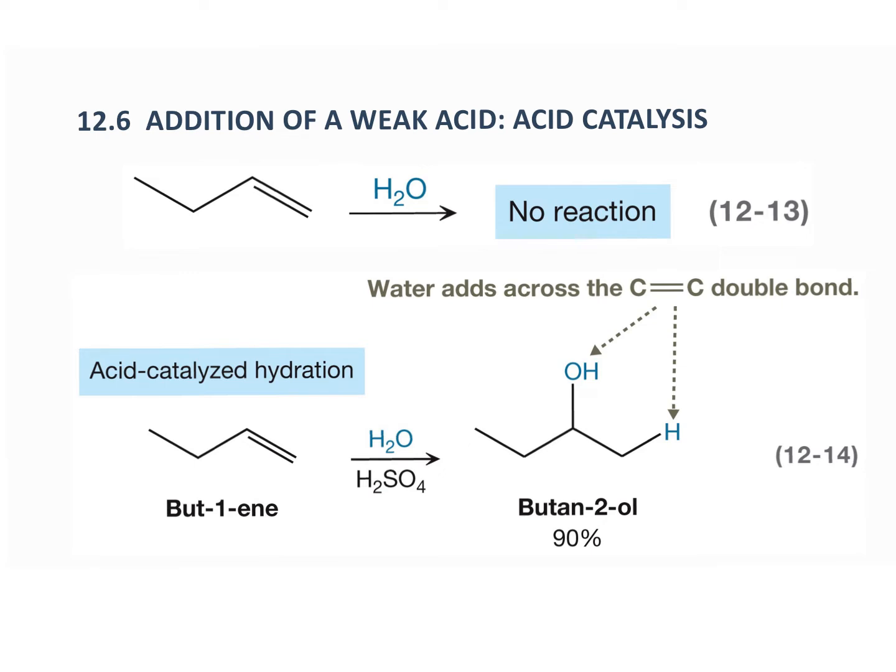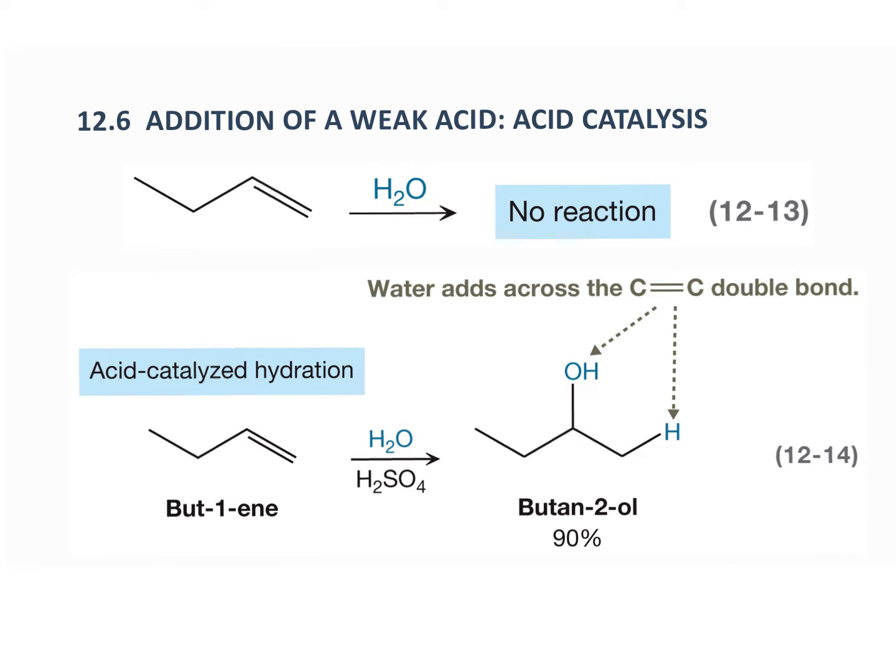The first step not only would produce a carbocation, but would also produce OH minus, which is a strong base, and is also a negative charge and is relatively poorly stabilized. So it just doesn't work very well.